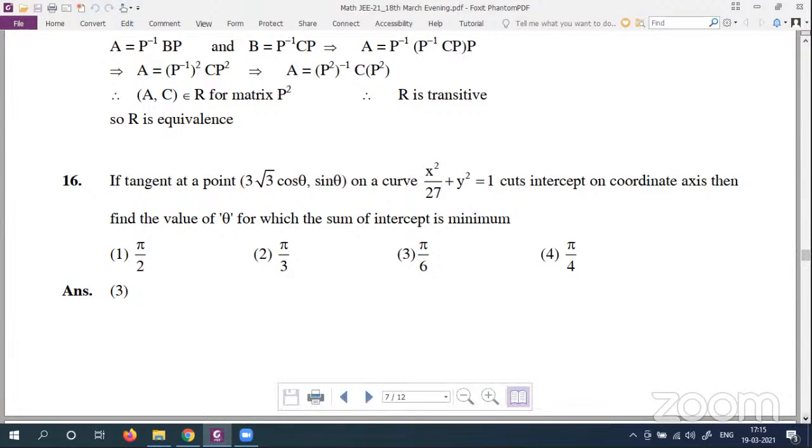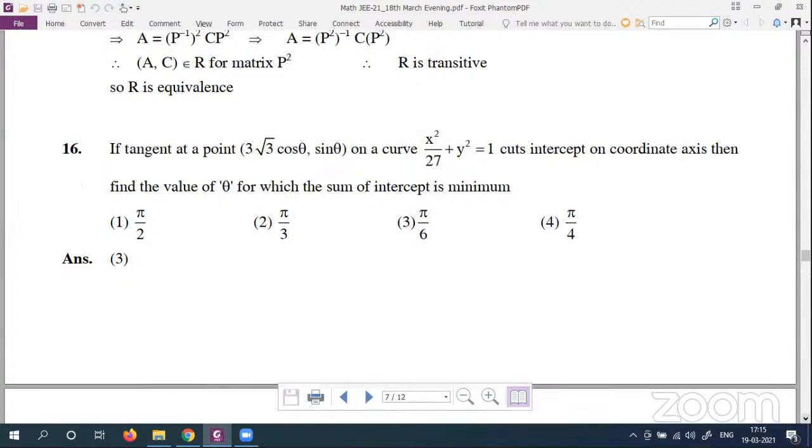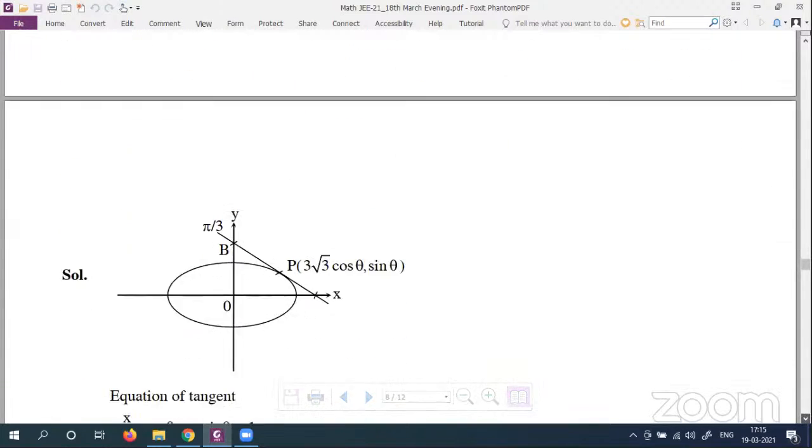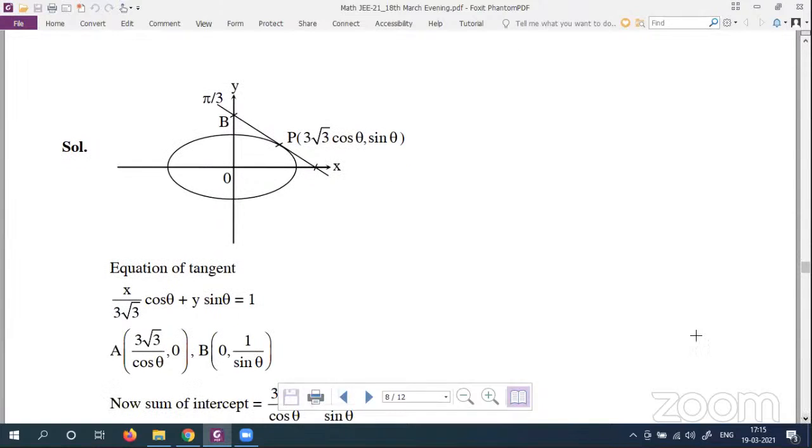Let us solve this. Whose sum of intercepts is minimum. So there is a point on this. This is a tangent which is cutting the x axis and the y axis at some points. The coordinates will become the x-intercept and the y-intercept at those points.